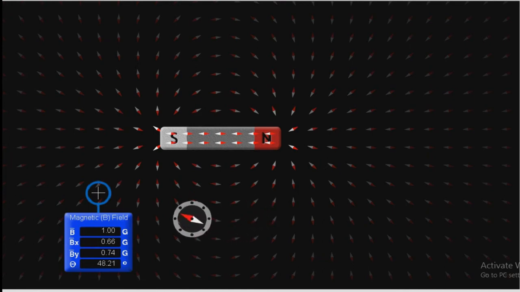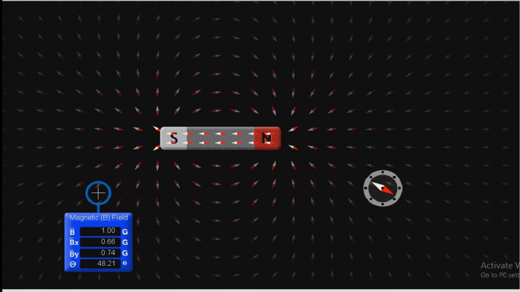You can see the North Pole is represented by red, and the compass needle also has red. They are actually repelling. Each field line starts from the North Pole and ends at the South Pole. But I have shown the inside also. Once inside, they go from South to North Pole.